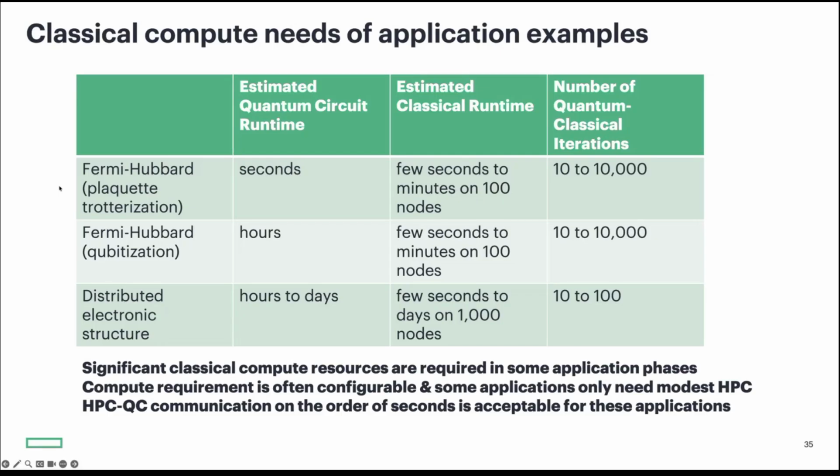We see that the compute requirements can be significant on the classical side, but it would still be useful to have a small or medium-sized cluster to do those, and that cluster might be associated with a quantum computer. And the quantum circuit runtime, it depends on what you're doing, ranging from seconds to days. And then all of these algorithms can have a bunch of iterations between classical and quantum, depending on what you're doing.